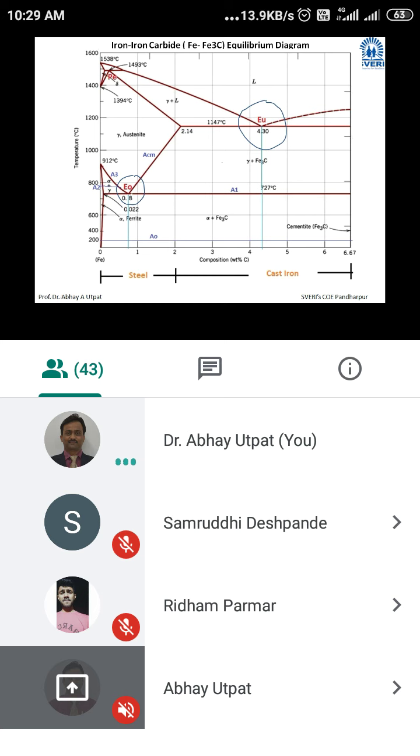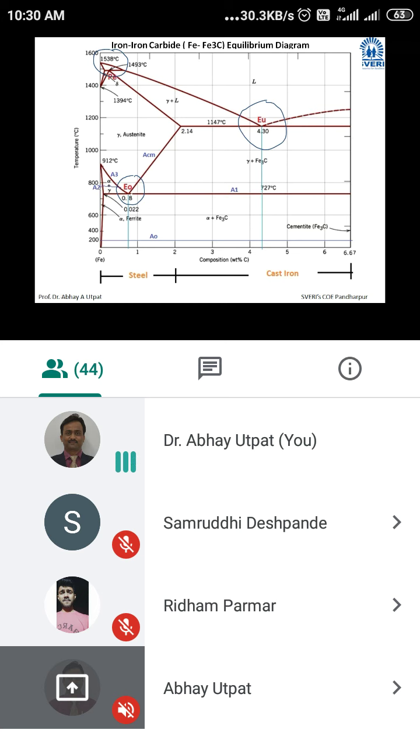Now go to the left hand side and see at the top 1600 is the temperature shown for the graph, but melting point of pure iron is shown here 1538 or 1539.